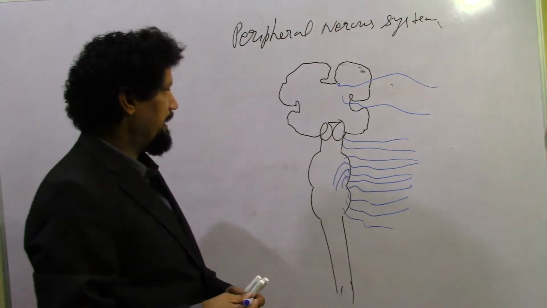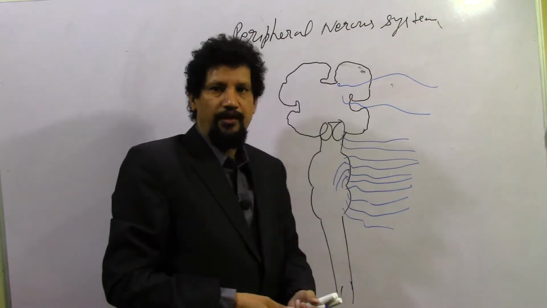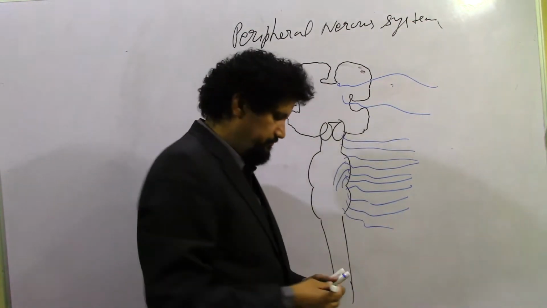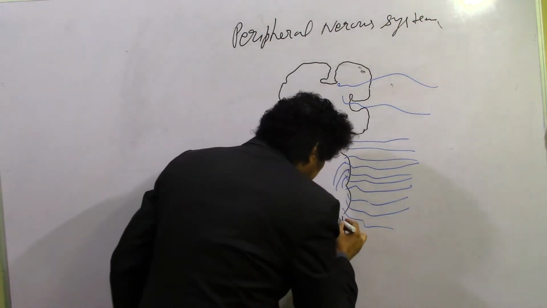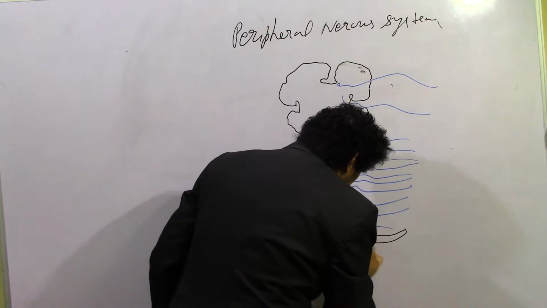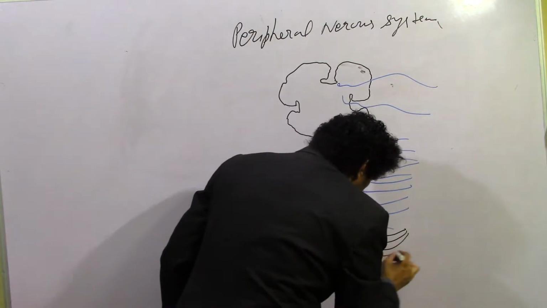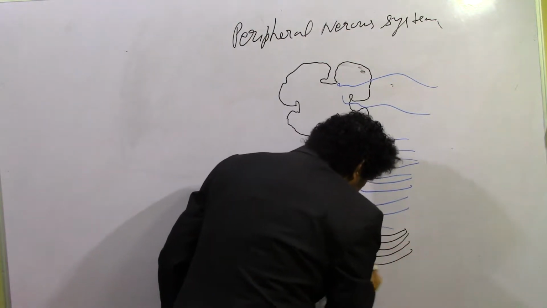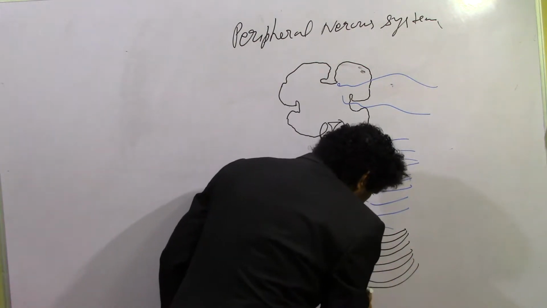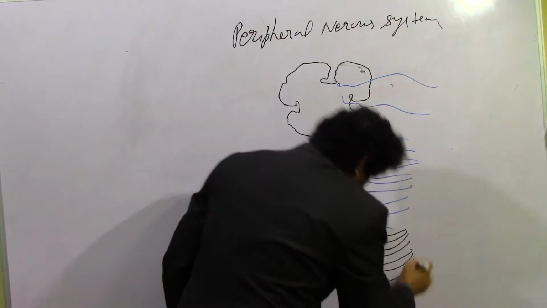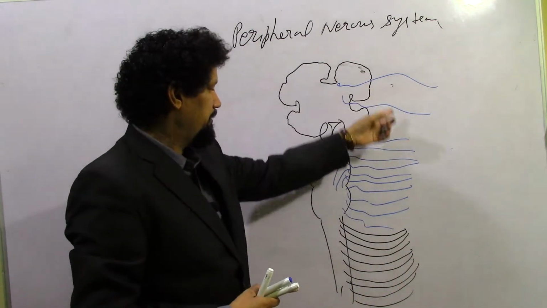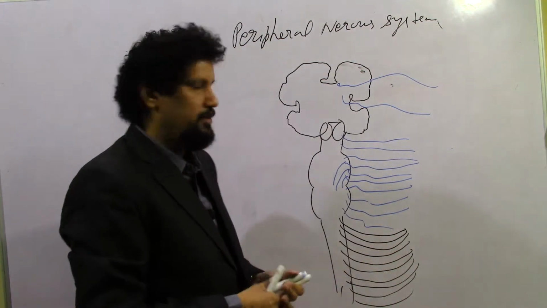So these are the cranial nerves forming part of the peripheral nervous system, and here are the 31 pairs of the spinal nerves leaving and entering the spinal cord. So these are forming the peripheral nervous system.